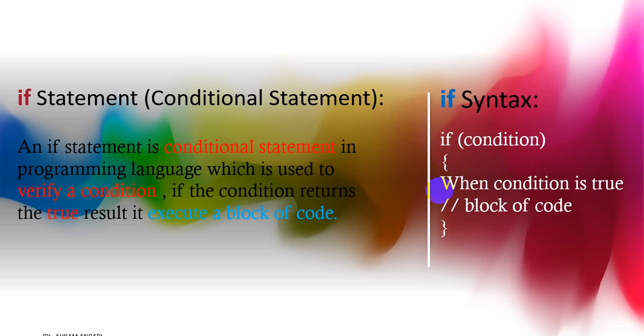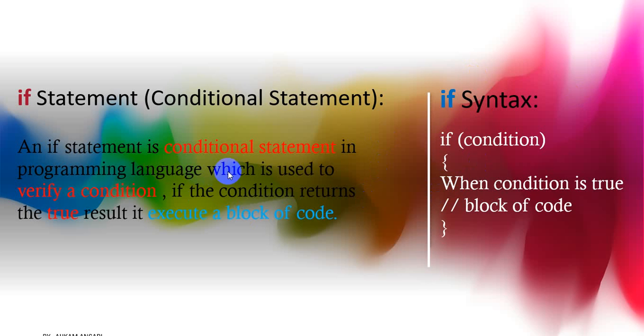If you are using only if statements, you can execute code only when your condition is true. But in certain cases we have to write code for both conditions, if your statement is true or if your statement is false. So in that case you have to use if else statements, where the if block will indicate the true block and the else block will indicate the false block.